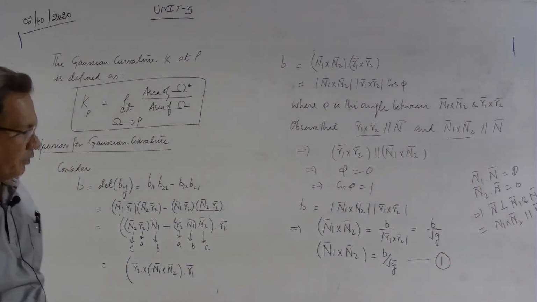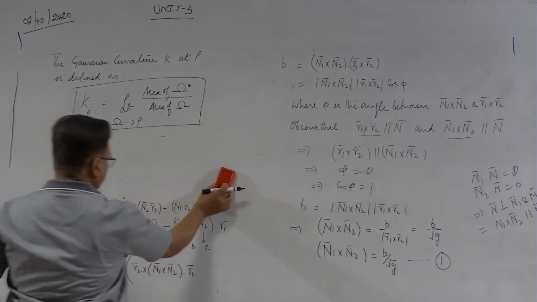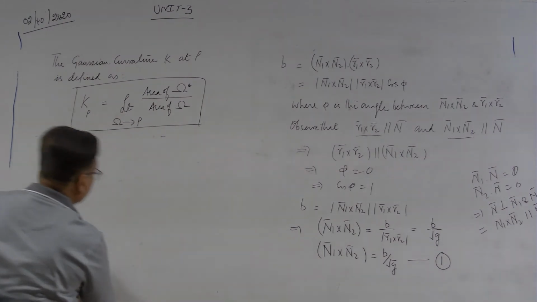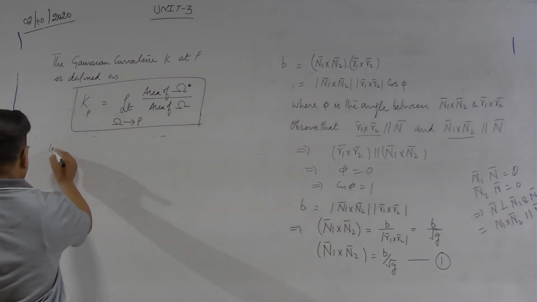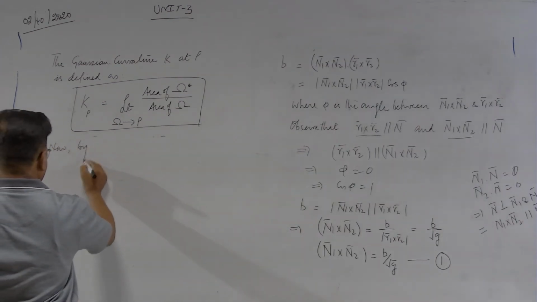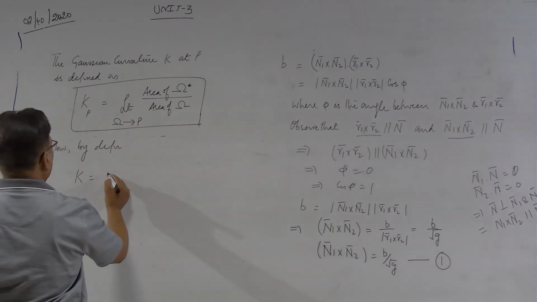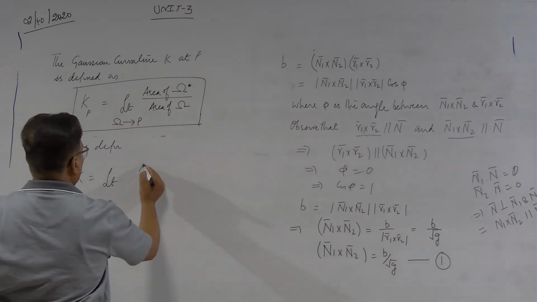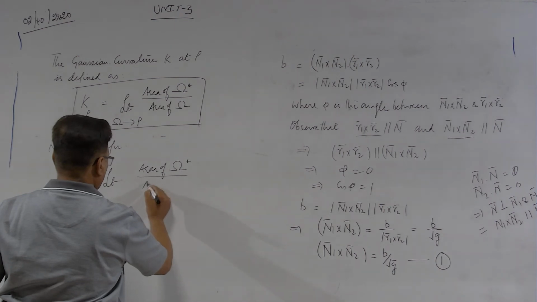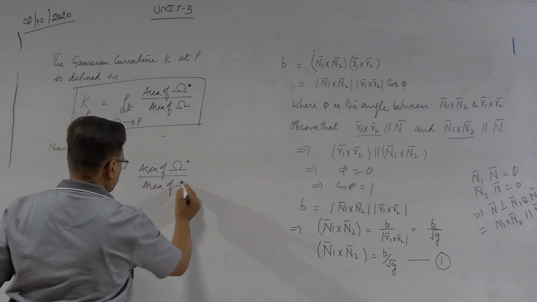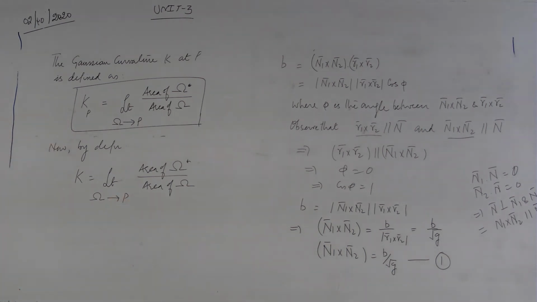Okay. Now, come to the definition of Gaussian curvature. So, by the definition of Gauss curvature, the Gaussian curvature K, which is written here, is the limit of area of omega star upon area of omega, when omega shrinks to the point P. Area of omega star.